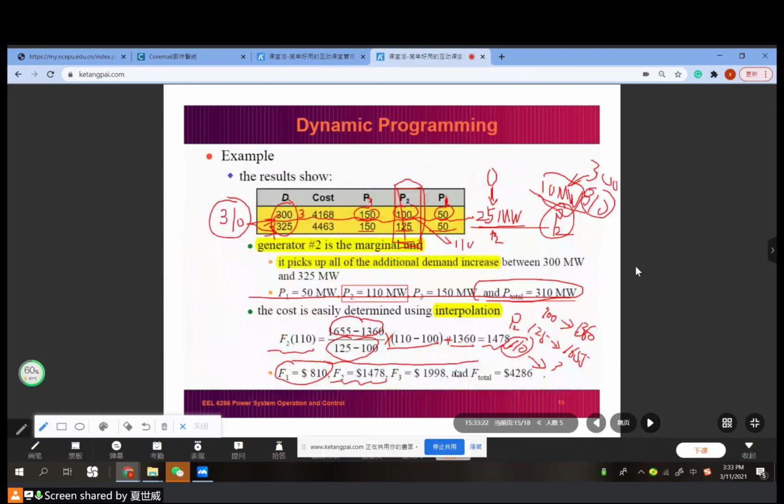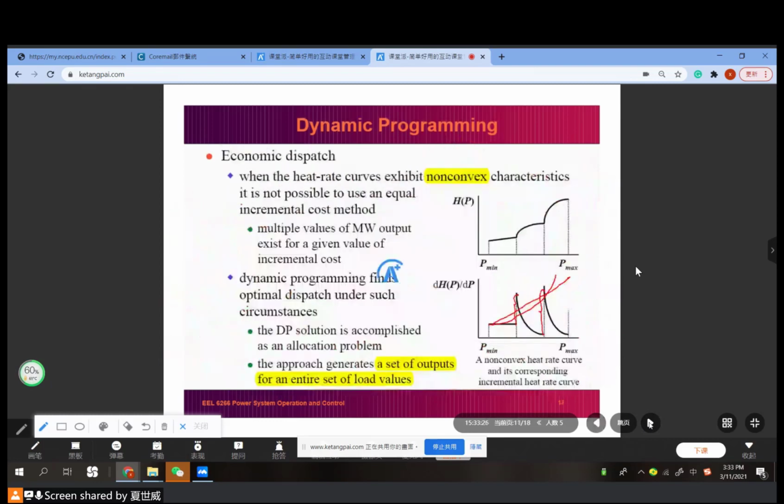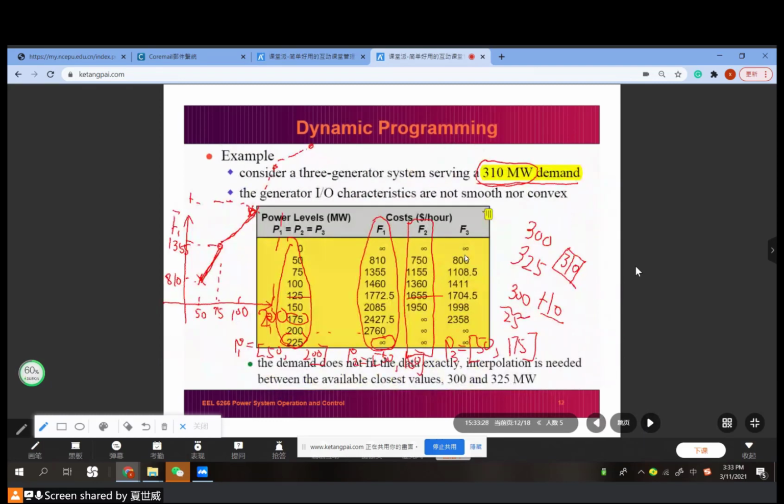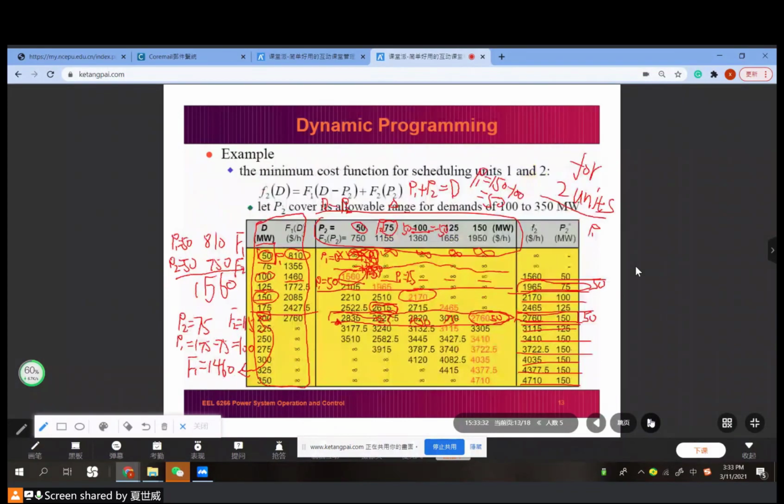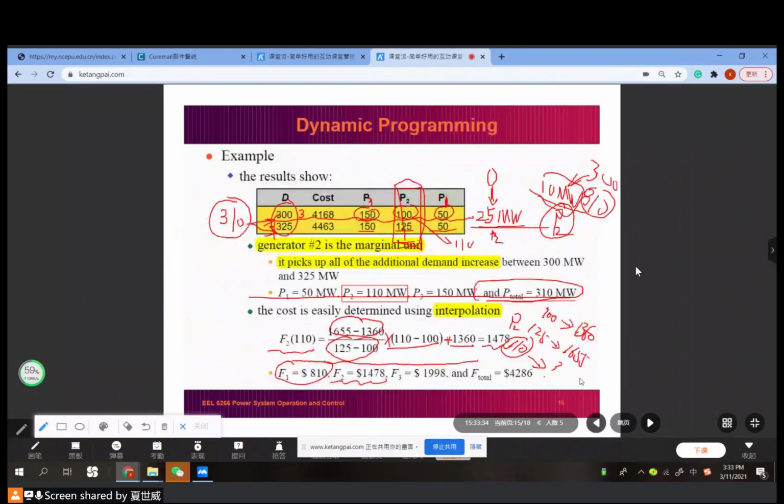For F3, 150. For 150, F3 is this. So the total cost will be this plus this. Okay, this will be this number.